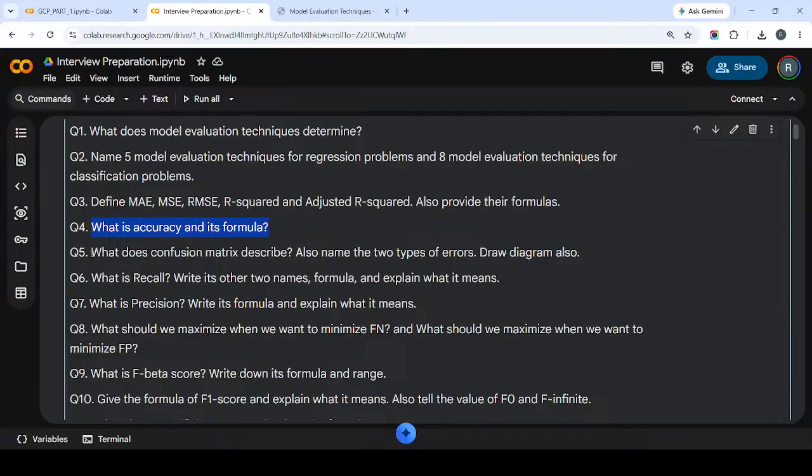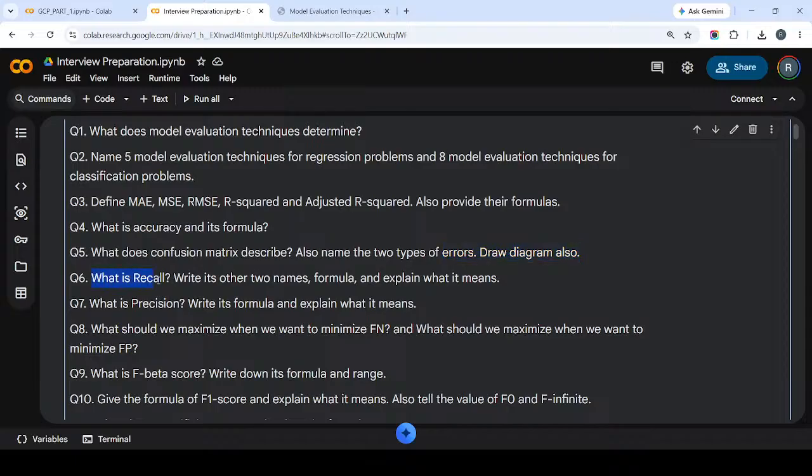Then we saw what a confusion matrix describes. Also, name two types of errors. We mentioned type 1 error and type 2 error. Also I showed you by drawing a diagram. On the index we have actual values, on the columns we have predicted values, so 0, 1, negative, positive, like this.